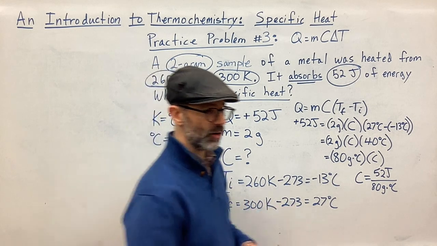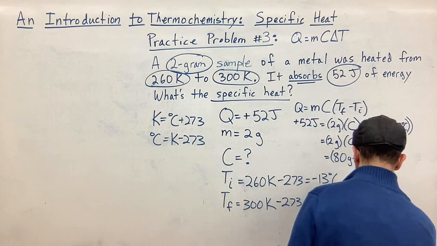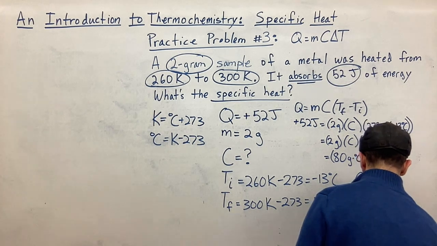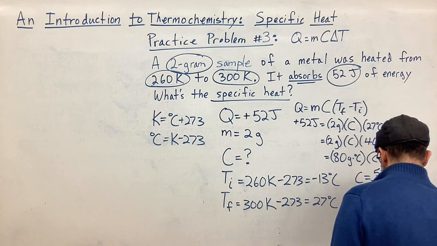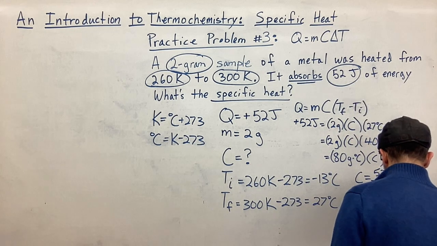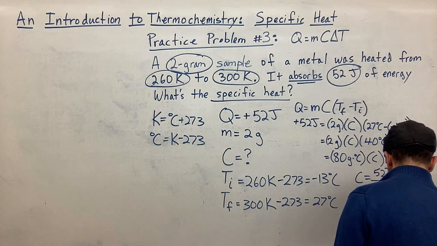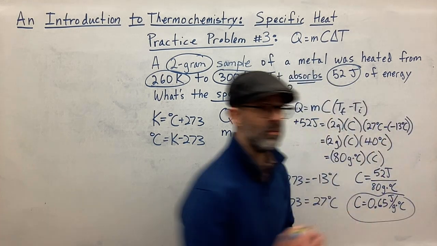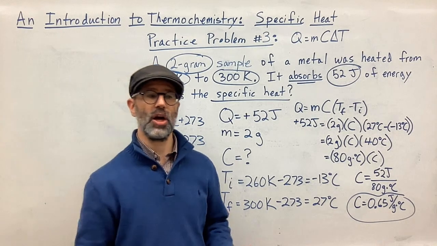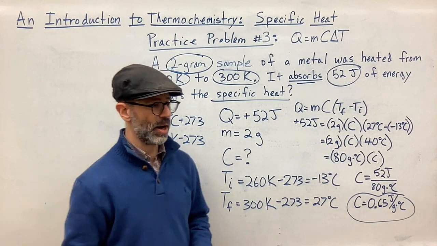And so we just calculate this, and this ends up being C is equal to 0.65 joules per gram degrees Celsius. And there you go. That is our last practice problem.